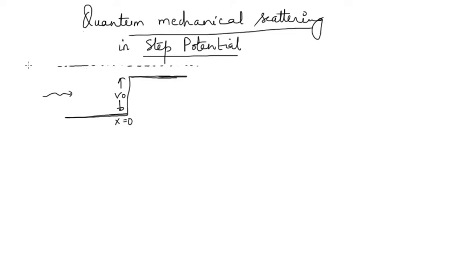This is the case of energy E greater than V naught. This is my case 1. The particle can also have energy less than the potential height, barrier height. We'll see that case later on.